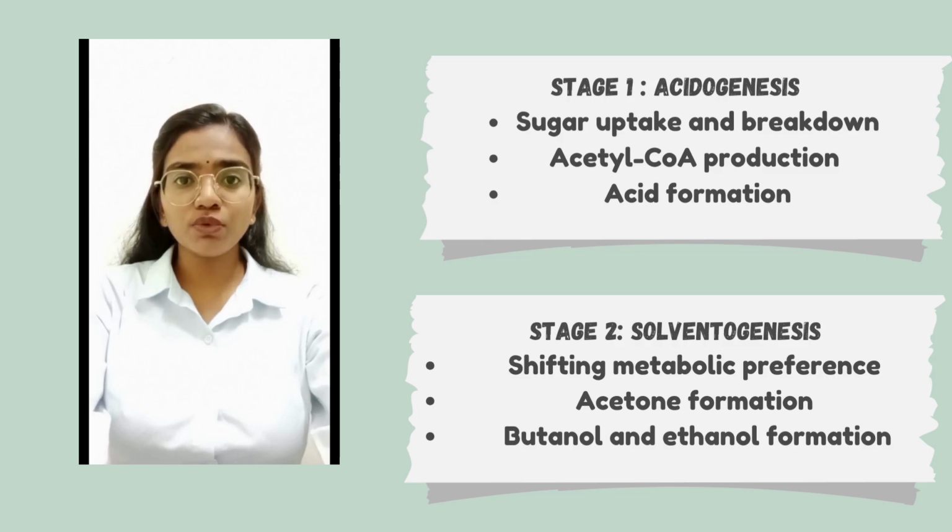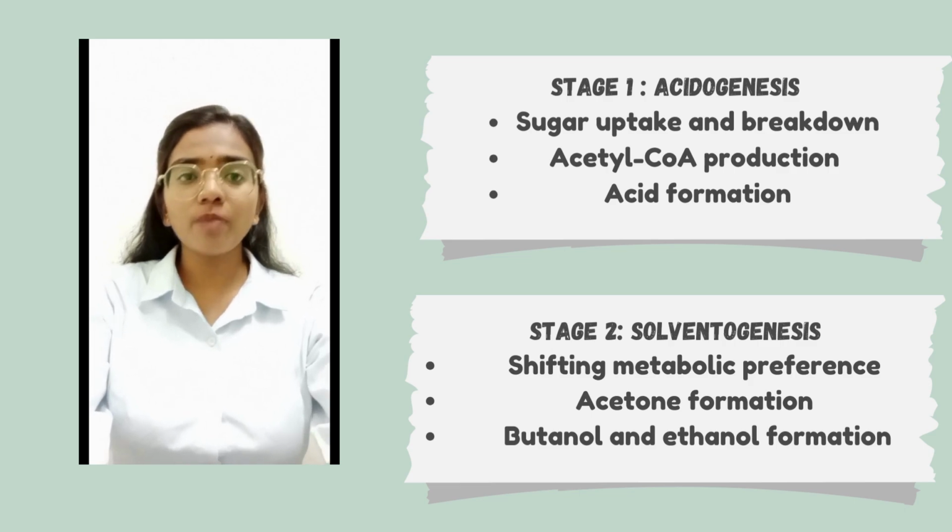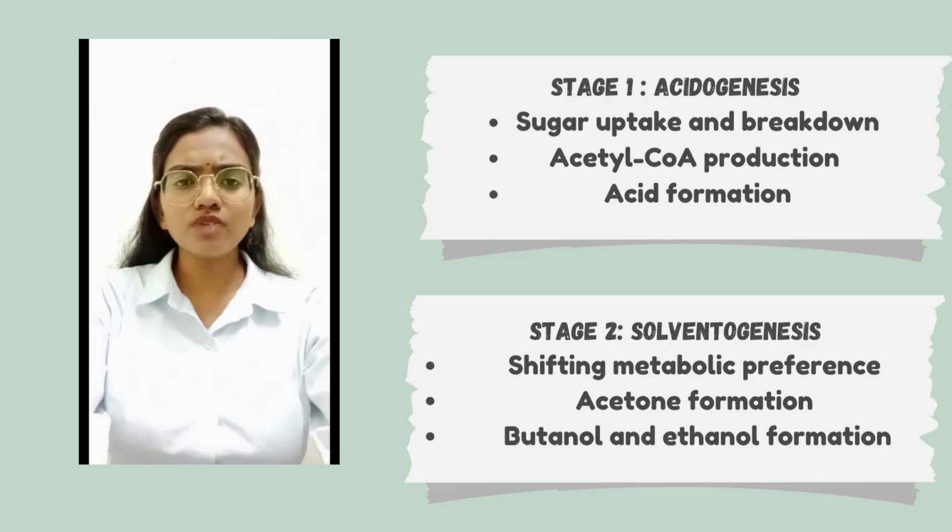Clostridium acetobutylicum shifts its metabolic preference from acid generation to solvent production as the fermentation continues and the surrounding pH becomes acidic. This is believed to be a tactic used by bacteria to shield themselves from the acidic environment they produce.